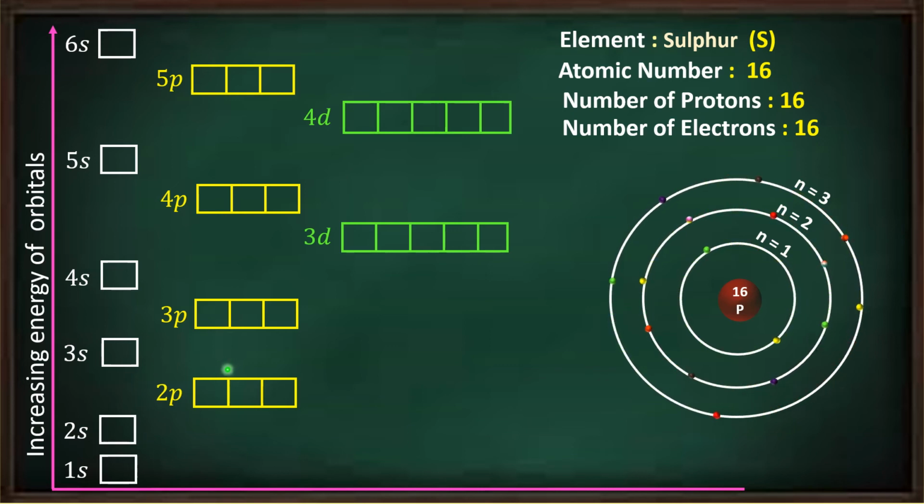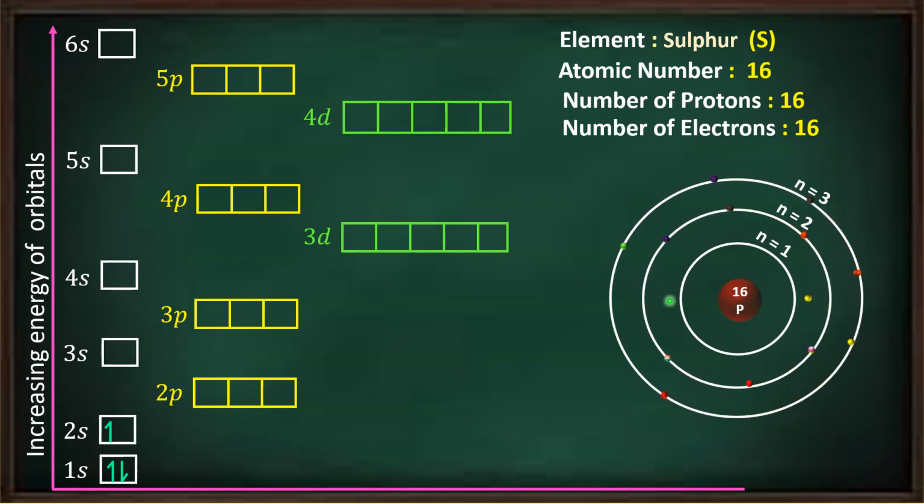Okay, so the first electron enters into the 1s orbital. The second electron pairs up with this electron. Next, the third electron enters into 2s.